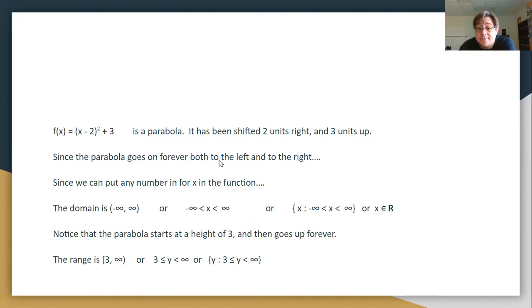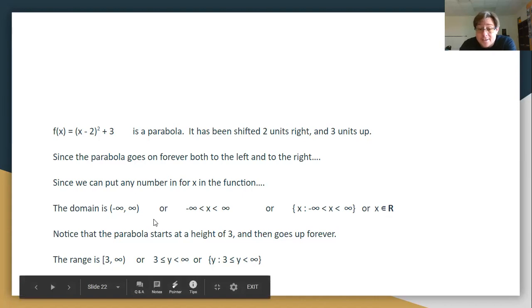It goes on forever, left and right. So the domain is negative infinity to infinity. That would be using interval notation. If we wanted to write it as an inequality, it'd be negative infinity is less than x is less than infinity. If we wanted to write it in set notation, we could say the domain is the set of all x such that, and put our inequality. Or since it's just everything, we could just say x is an element of the real numbers. It's any real number we want.